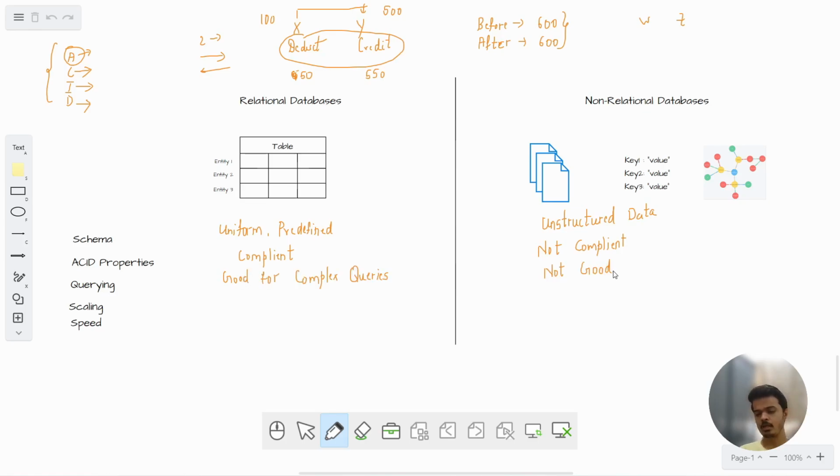Okay. The fourth and important parameter is scaling. As your data grows, you need to scale. You cannot store all the data in a single database server, right? Now, relational databases are very hard to scale horizontally. When you want to scale horizontally, there would be multiple servers, right?